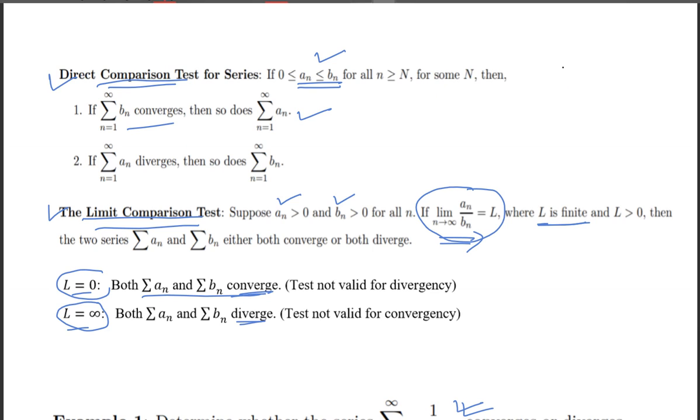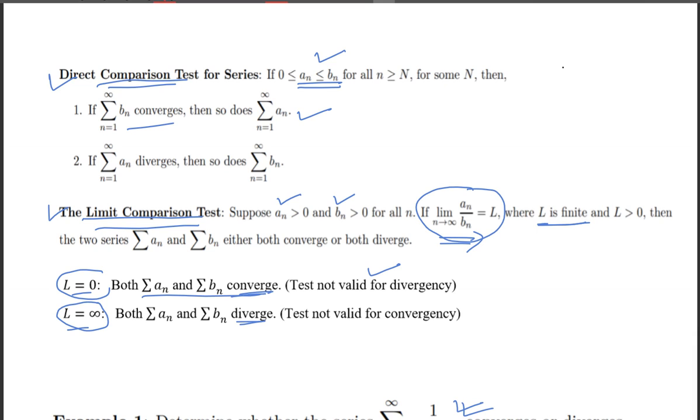If L is equal to 0 and bn converges, the test is not valid for divergency. We proved that the divergence test is not valid even if we get 0.